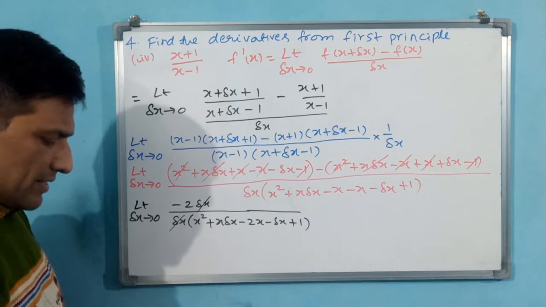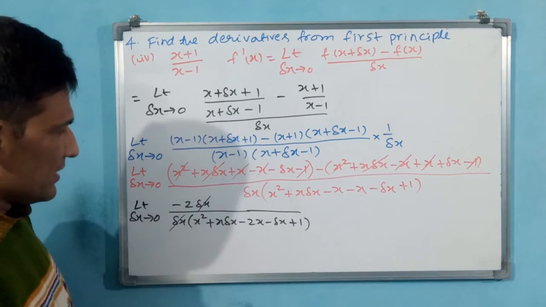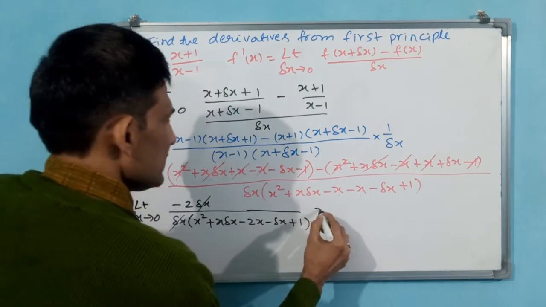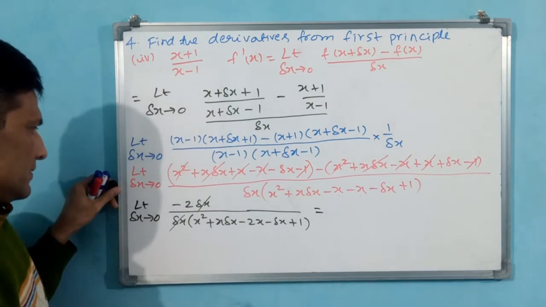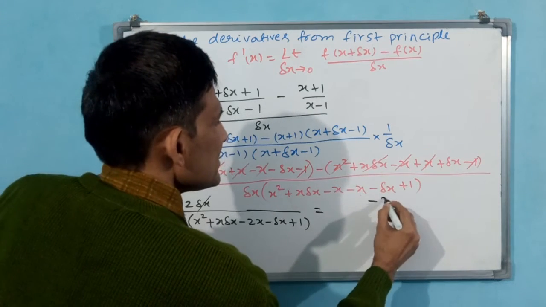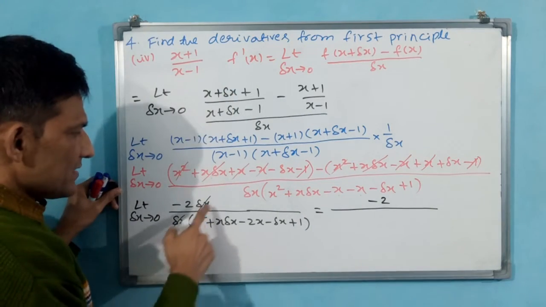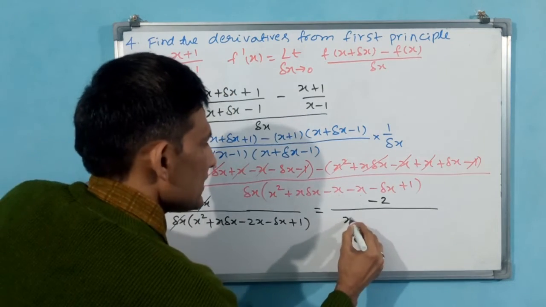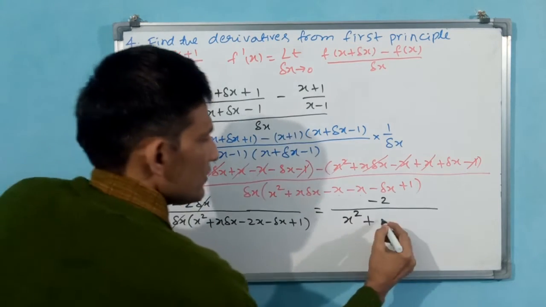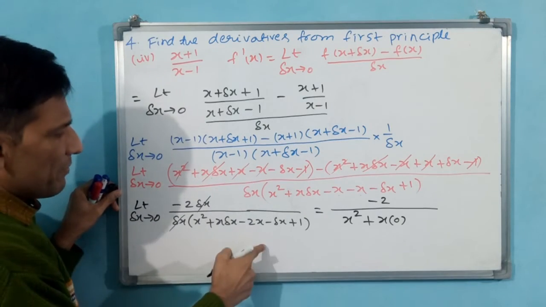Now you apply the limit. Why? Because we don't have space. Directly I am writing here. That is equal to, I am applying limit, minus 2 by, now delta x is not there, x square plus x into 0. Why 0? This delta x is not there. Delta x we are applying.